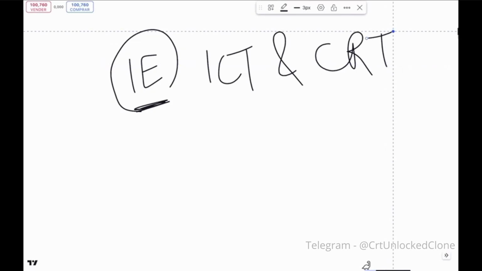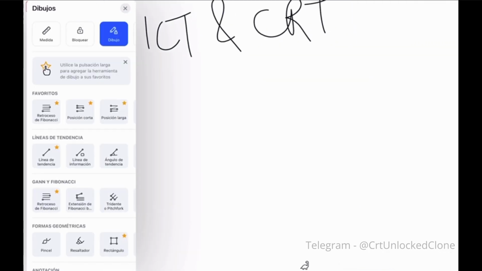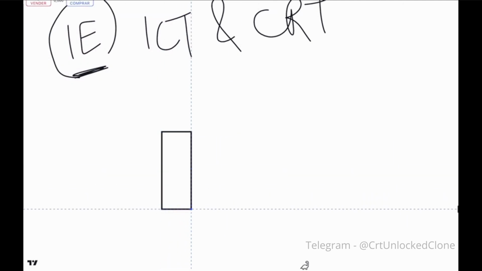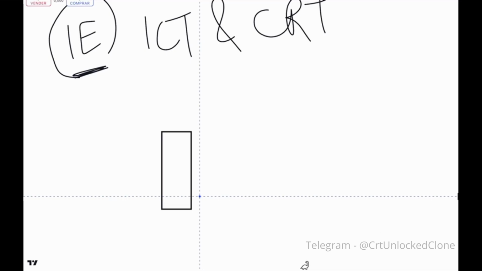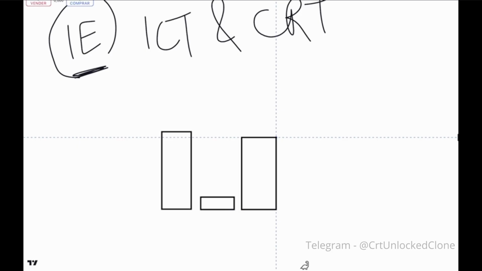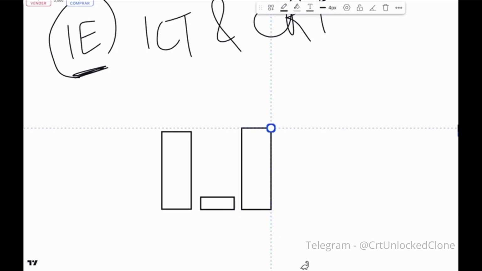Now before starting, I'd like to point out the alignment timeframes for CRT. As you know, in CRT, one of the key factors is finding the entry.